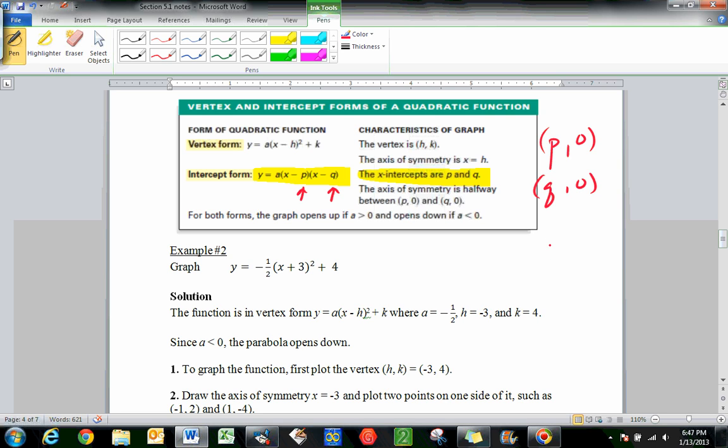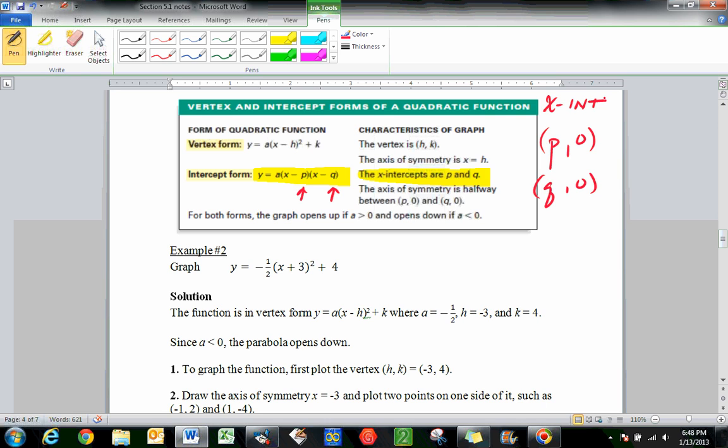We're just using a p and a q so that we don't confuse it with an h and a k, which represents a vertex, and we don't want to represent it just with an x1 or an x2, because it may become confusing that way. So we use two different letters such as a p and a q. So these are going to represent our x-intercepts.